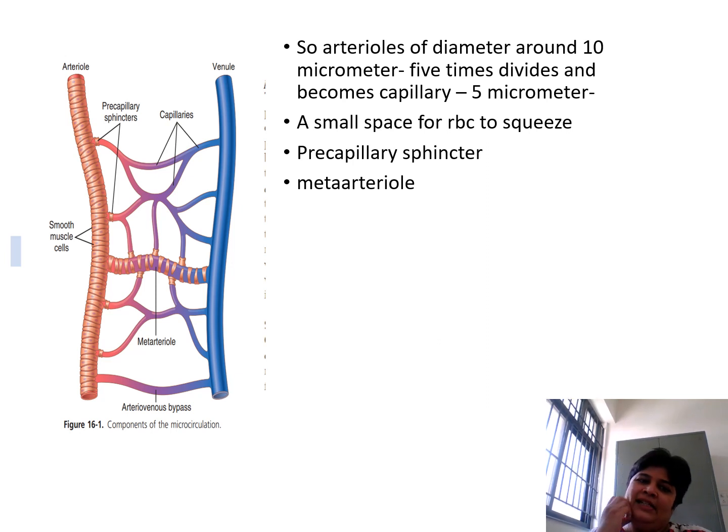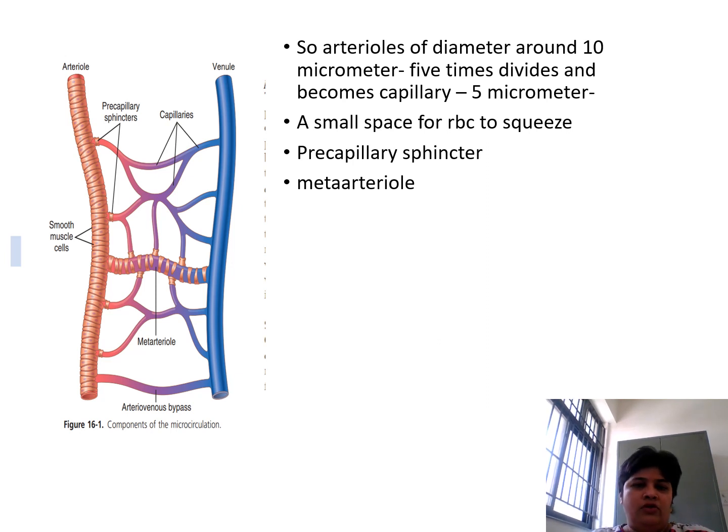Ready? It is a structure which does not have a continuous muscle layer like an arteriole but some intermittent muscle, but this muscle is very helpful in constricting and cutting off the tissue blood flow.